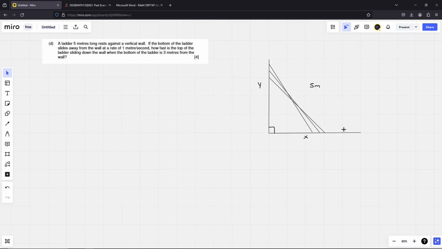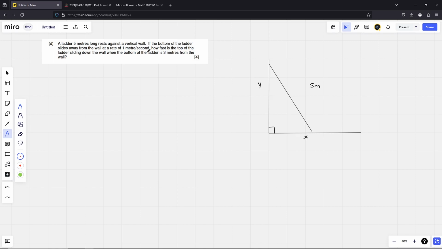As it's sliding away from the wall, it's going to be sliding more down, until it gets to a point where the ladder would be completely parallel to the x-axis. When it's done sliding all the way down, it would be lying on the floor. Okay, so let's go back to our information.